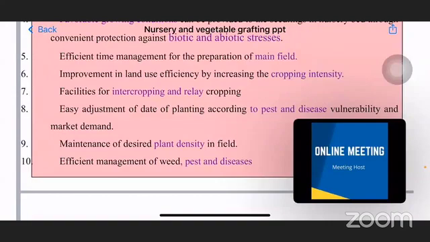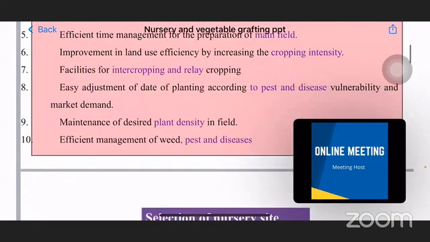We can also maintain time management. Meanwhile, we can prepare the seedlings and also the main field. Likewise, efficient time management is also possible in this case. Then there is improvement in land efficiency by increasing the cropping intensity.